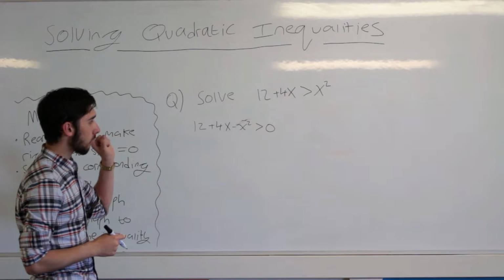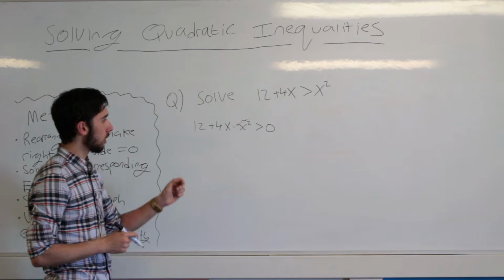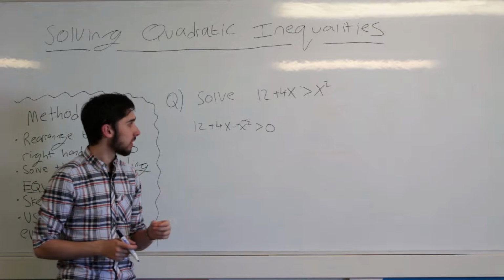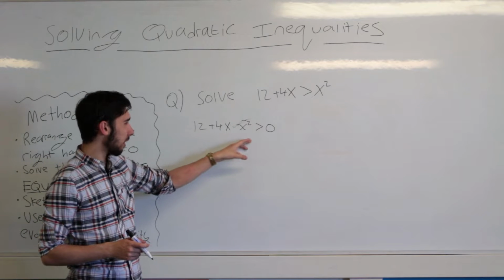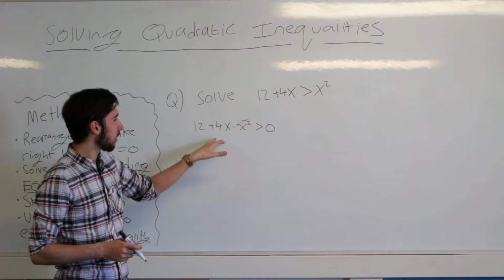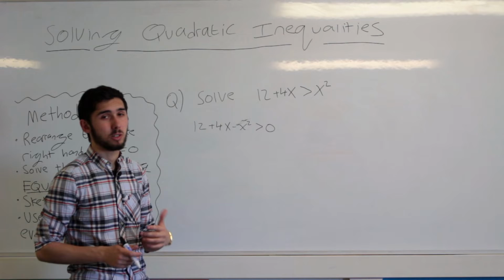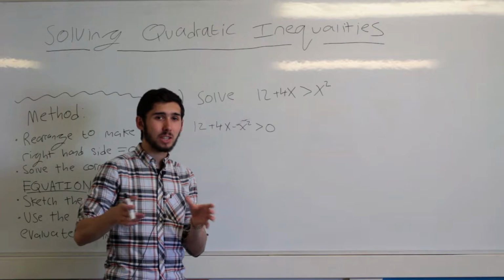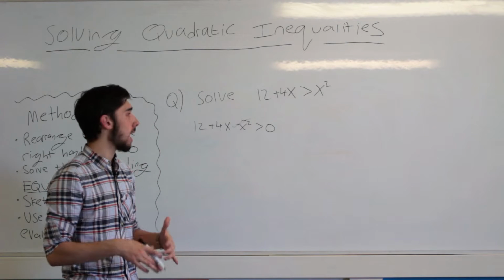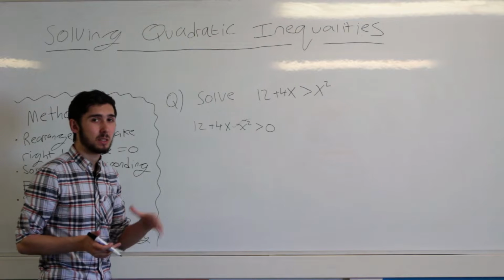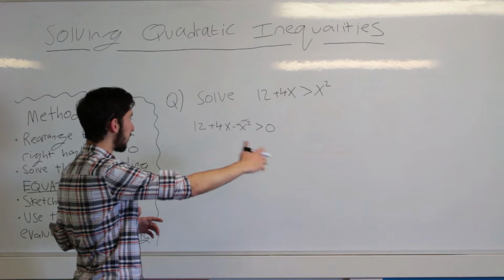Now, this is the weird bit, okay? The first thing that I think we should do is rearrange the order of these things here, because remember this is a quadratic in the form ax squared plus bx plus c. I would like the ax squared part to be at the front, the bx in the middle, and the c on the right most side.